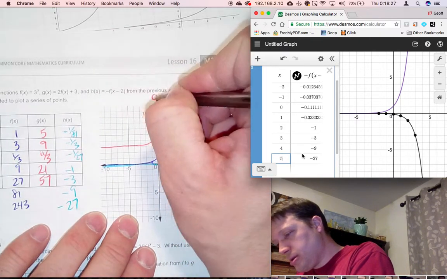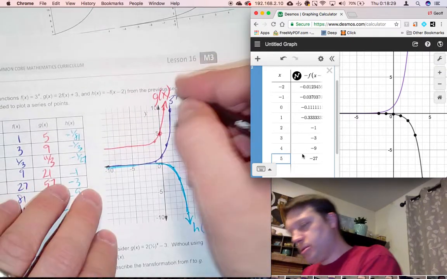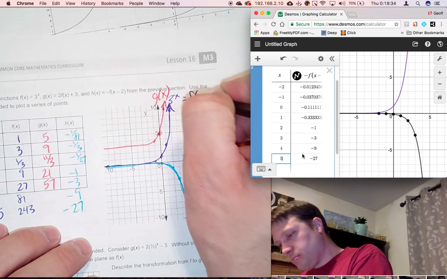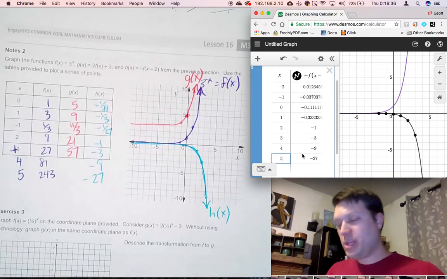Arrowheads, labels, arrowheads. There we go. That's graphing it by hand.